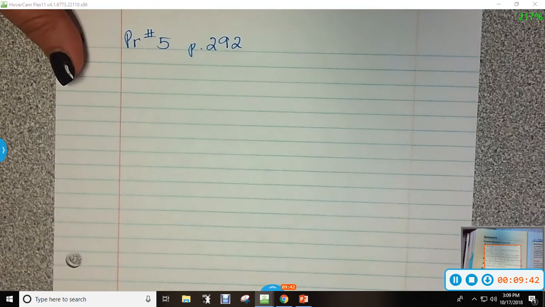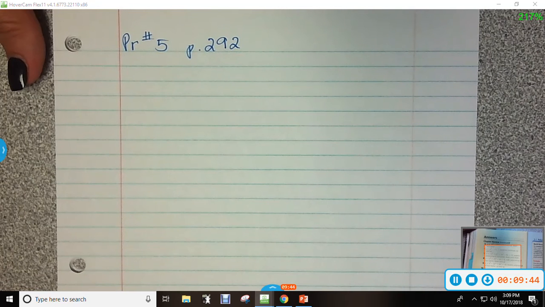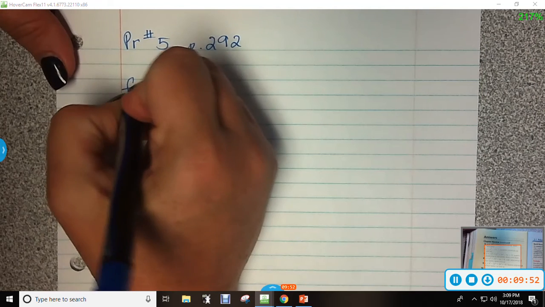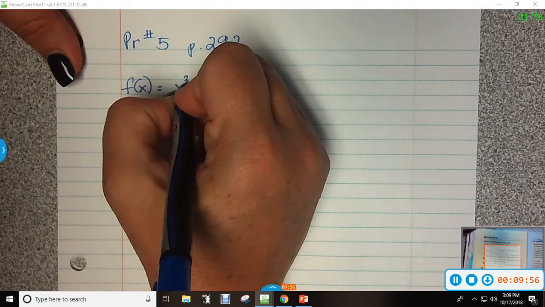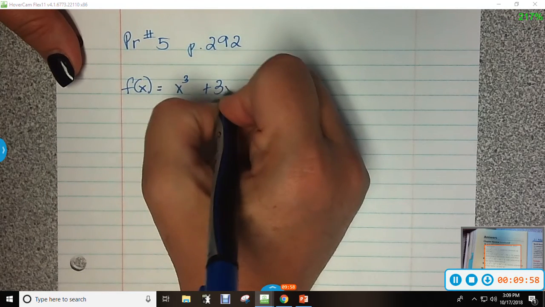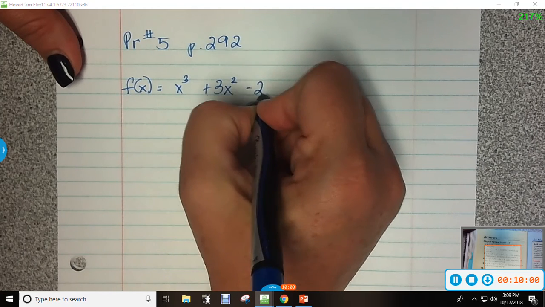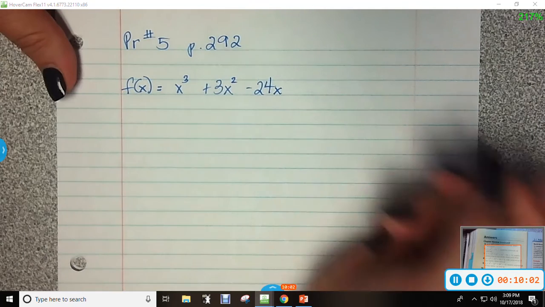Alright, so this is problem number 5. It's in your book on page 292, but I'm going to put it all right here. So you can look at the book if you want to, but you don't have to. So there. F of x equals x cubed plus 3x squared minus 24x.